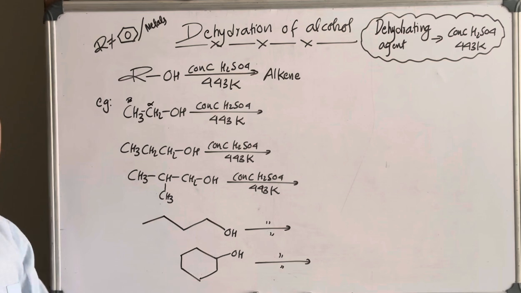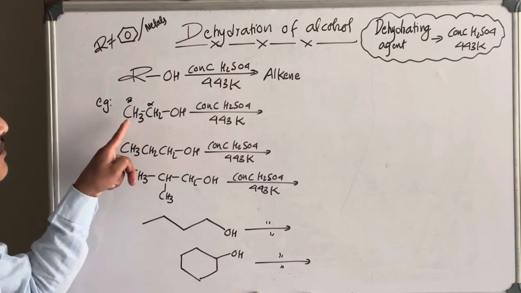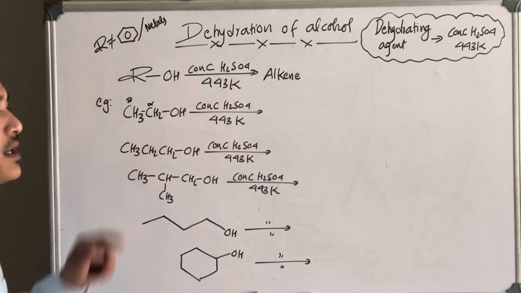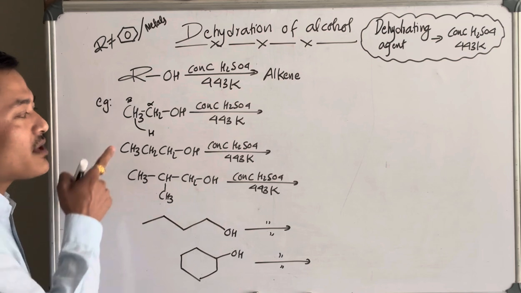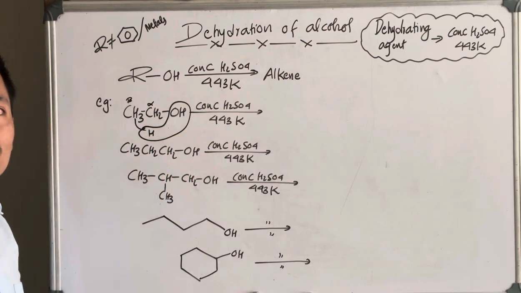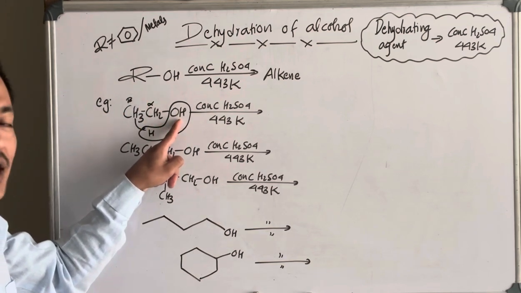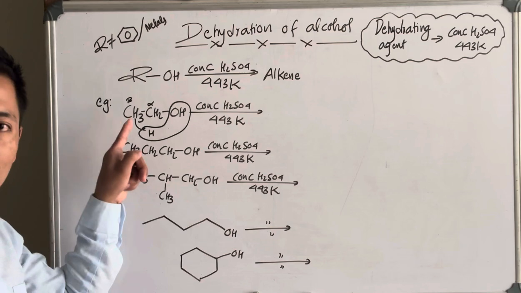During dehydration of alcohol, you have to remove one hydrogen from the beta carbon and the OH group from the alpha carbon. Now the remaining part will make a product.